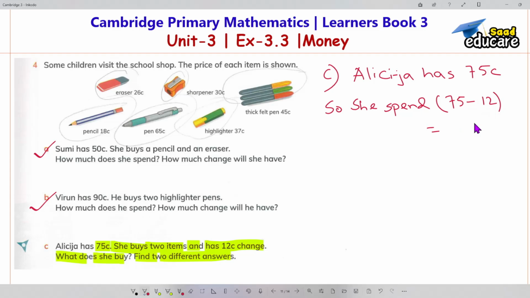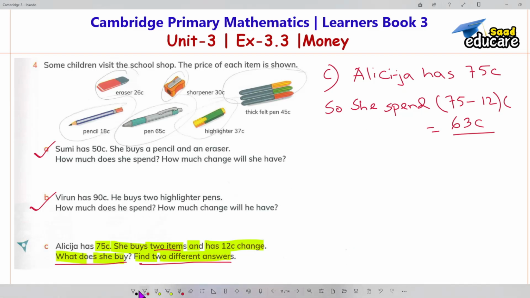It means 5 minus 2 is 3, 7 minus 1 is 6. So she spent 63 cent. Now we have to find the items whose sum will be 63, right? So find 2 different answers. What does she buy? She buys 2 items.